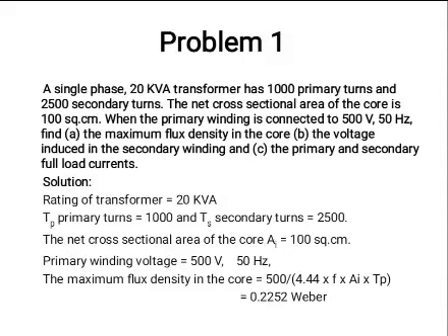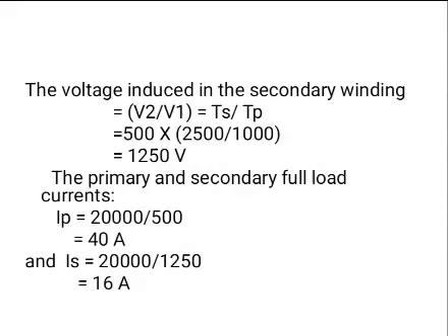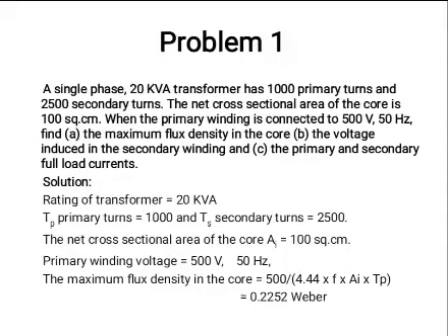EMF equation E is equal to 4.44 f phi m into the turns, so phi m is equal to Bm into A. The formula is derived like this. Substituting all the values, we got the maximum flux density as 0.2252.